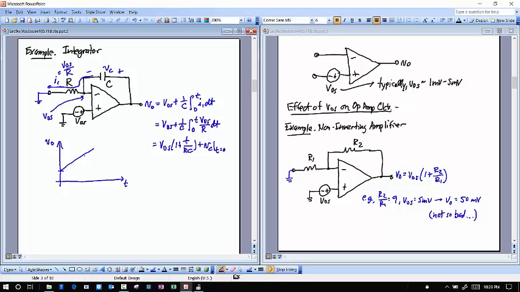So that's not a good thing here. Right, so this is VOS plus VC at t equals 0. Let me try this again so I can make that clearer. And this line just keeps going up until it hits the rail.